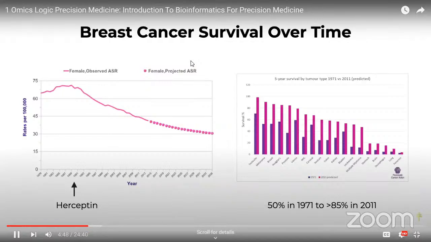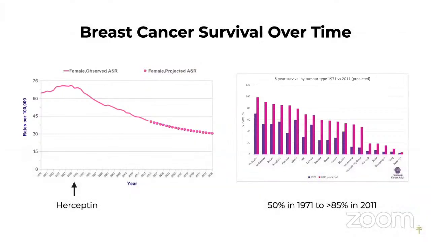One of the great examples of how such treatment has affected cancer is the example of breast cancer. So we see that from 1971 to 2011, the rate of survival has increased from about 50% to over 85%.